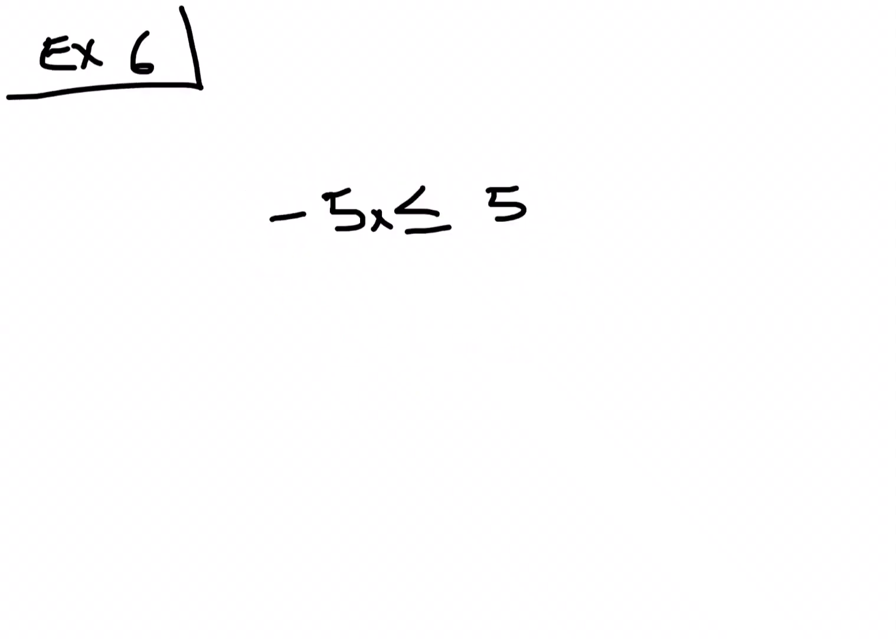Next example, I have negative 5x is less than or equal to 5. Once again, in order to get rid of the negative 5, I'm going to divide by it. So, divide by negative 5, divide by negative 5. That cancels that out. So I have x less than or equal to, oh shoot, my bad.